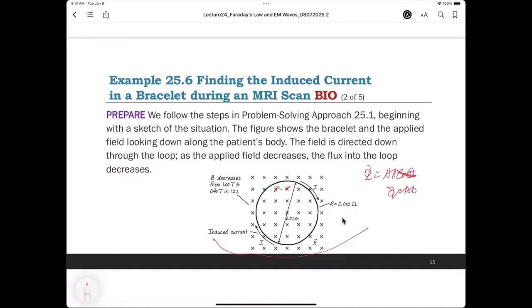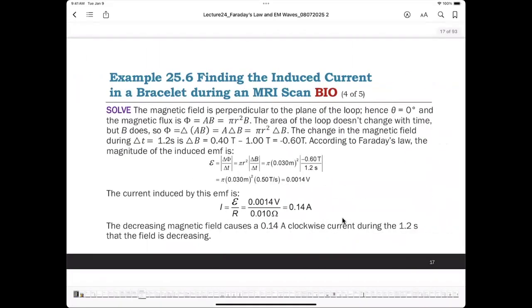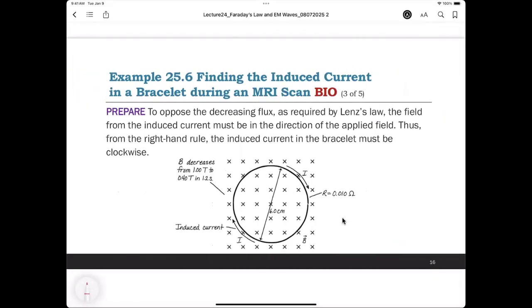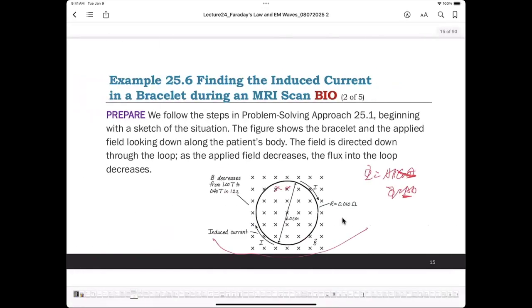As the applied field B decreases, the flux will decrease. That makes sense to you. Also, if the magnetic field B decreases, the magnetic flux will decrease. That makes sense to you.